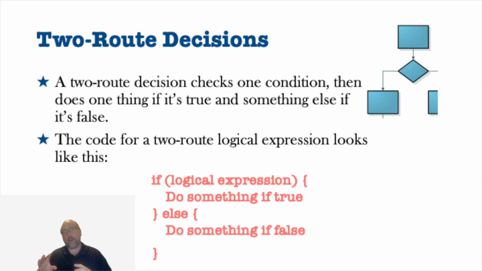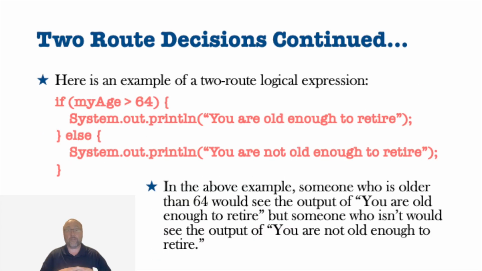This is what we call a two-route decision. It's a little more complex because it's going to have two different routes. If it's true, it'll do one thing. If it's false, it'll do something else. If the logical expression is true, it does one thing, else it's going to do something else. This is what it would look like from a coding standpoint. If my age is greater than 64, then I'm going to output, you are old enough to retire.